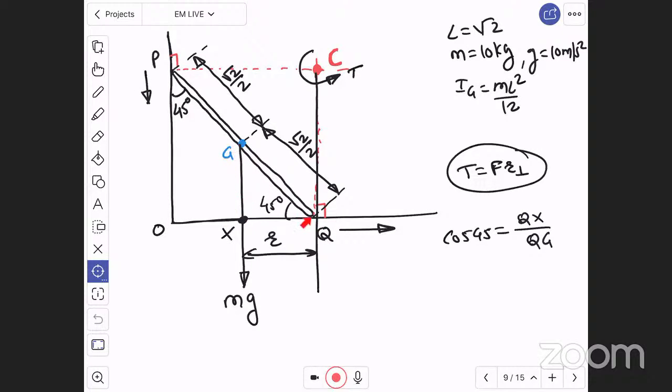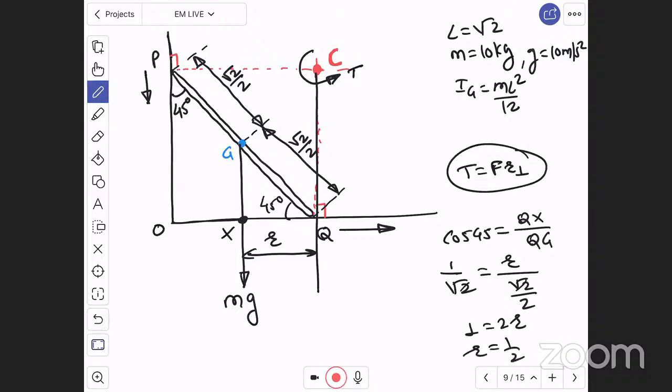Cos 45 is 1 by root 2 is equal to qx, which is nothing but radius, divided by qg, which is root 2 by 2. तो ये 2 ऊपर चला जाएगा, root 2 कैंसिल होगा, therefore 1 is equal to 2r, therefore radius is equal to 1 by 2 that we have calculated.